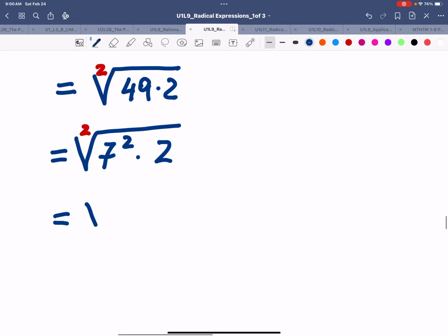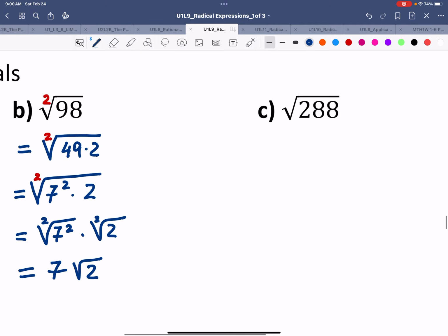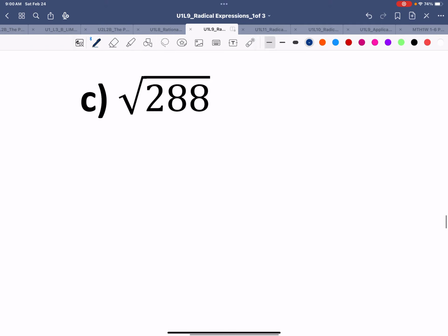So that equals the square root of 7 squared times the square root of 2. So square root of 7 squared, these two simplify. We don't have to write the index 2 as always, but I'm trying to show how that simplifies. So that would be 7 square root of 2. That's a mixed radical.